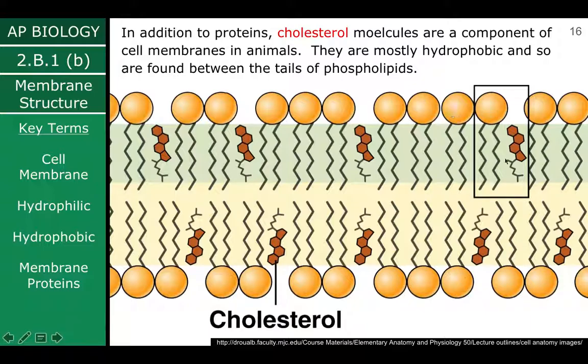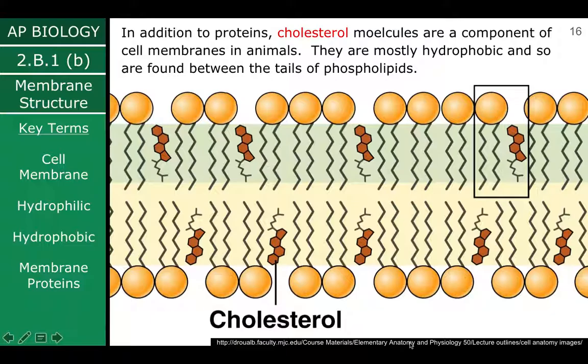Okay, so in the phospholipid bilayer, if we look more closely, we have these weird little structures, and that's just cholesterol, which is surprisingly really important to our functioning phospholipid bilayer. They're mostly hydrophobic, so they're water-fearing, and will be on this internal portion.